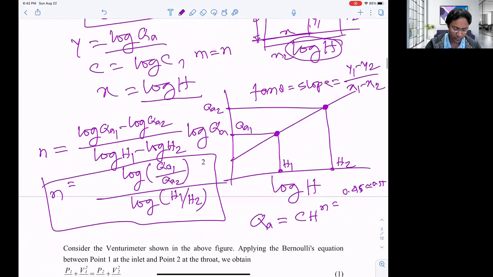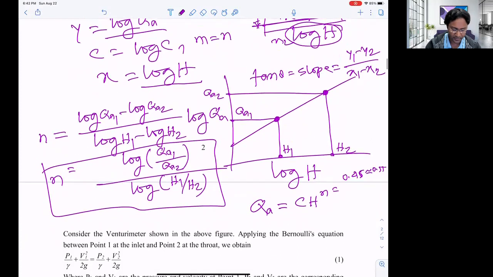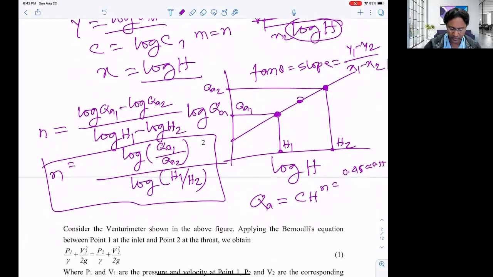Then using any value from the previous 2 points, or you can find a third point, you can validate this equation using that third point: qa3 is equal to c h3 to the power n, with n like 0.45. So we know h3, qa3 and n, so you can calculate c. This is how we can calculate.